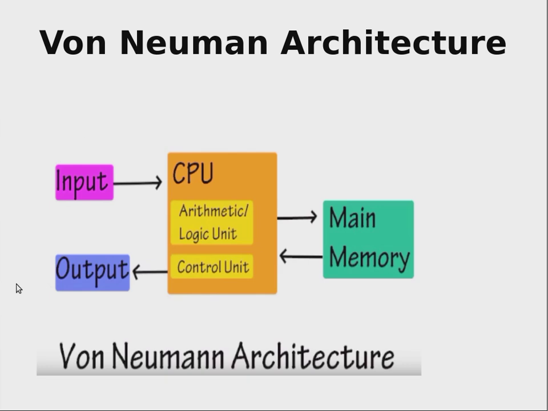Therefore, there is another architecture called Harvard architecture, where there is a distinct separation between memory which is used for instructions, and memory which is used to handle data, like for input and output.